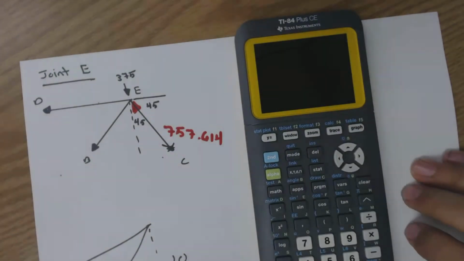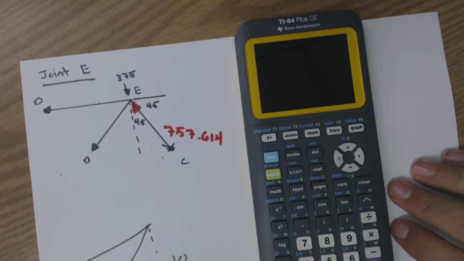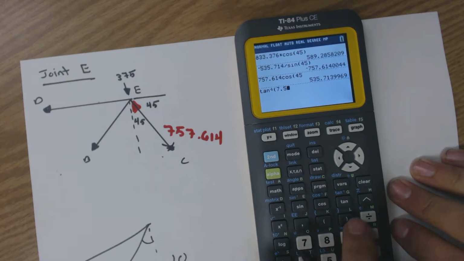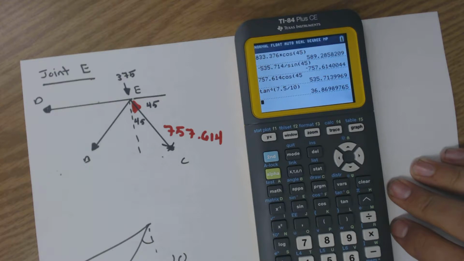So we use tangent of theta, TOA, this is the one we're curious about, opposite over adjacent, 7.5 over 10. Arctangent of 7.5 over 10. Theta is 36.870.